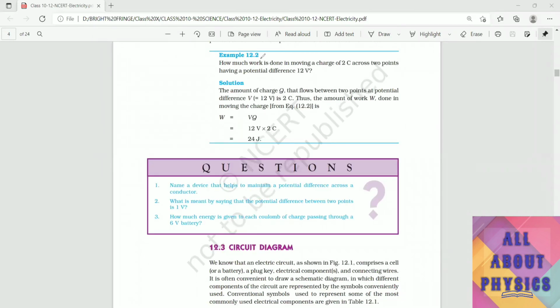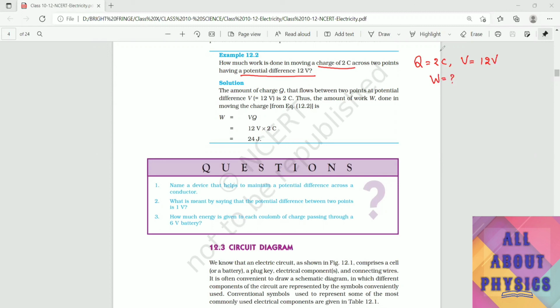Let's try example 12.2 now. How much work is done in moving a charge of 2 coulomb across 2 points having a potential difference of 12 volts? So a charge of 2 coulomb is given, potential difference is 12 volts, and we have to find the work done.